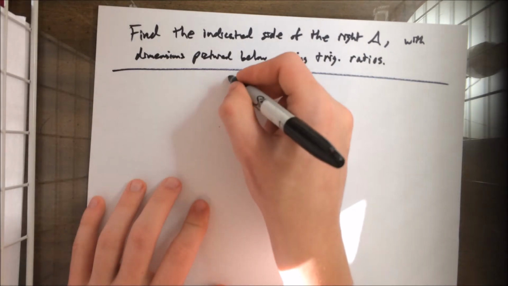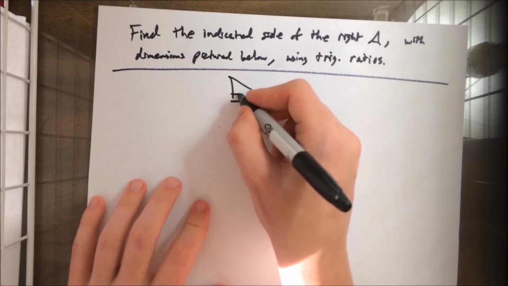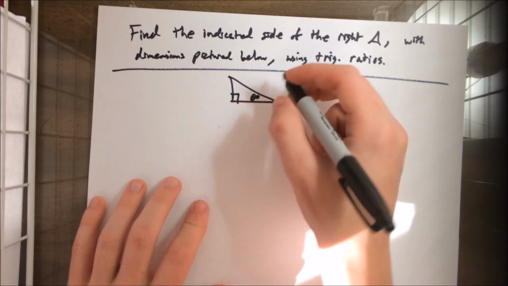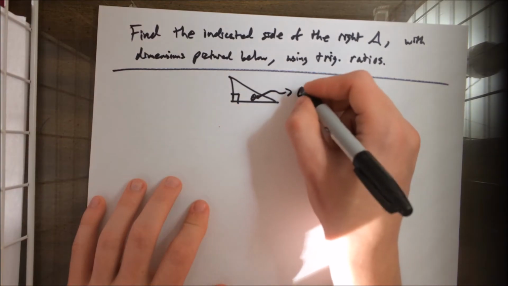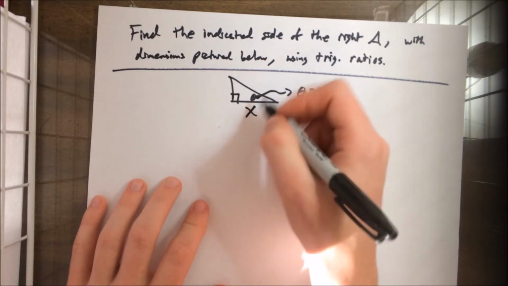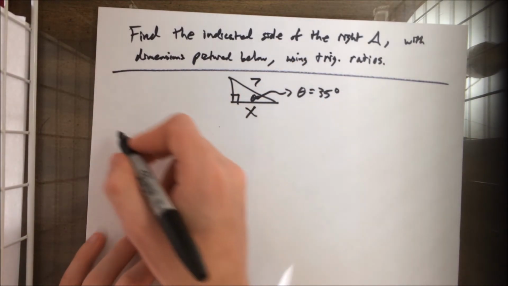Okay, so let's go ahead and draw the triangle. So let's have theta again equal to 35 degrees. Let's set this side equal to x and that side equal to 7.